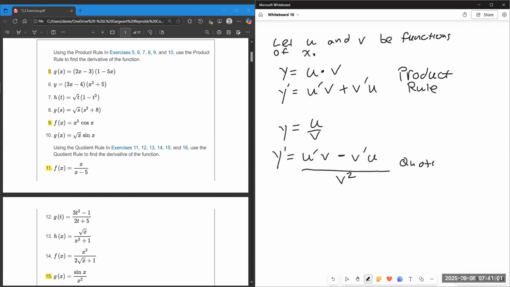Now, I don't think that you'll have a problem remembering which one is plus and which one is minus.